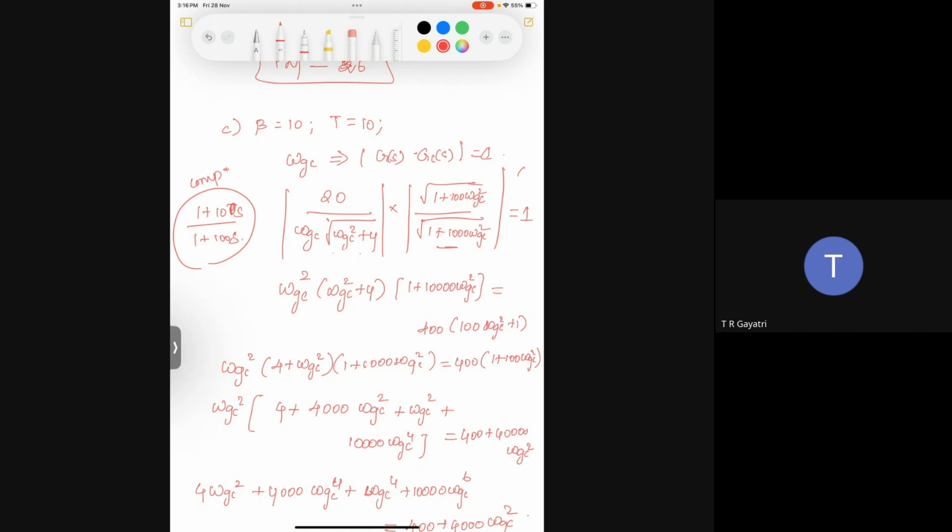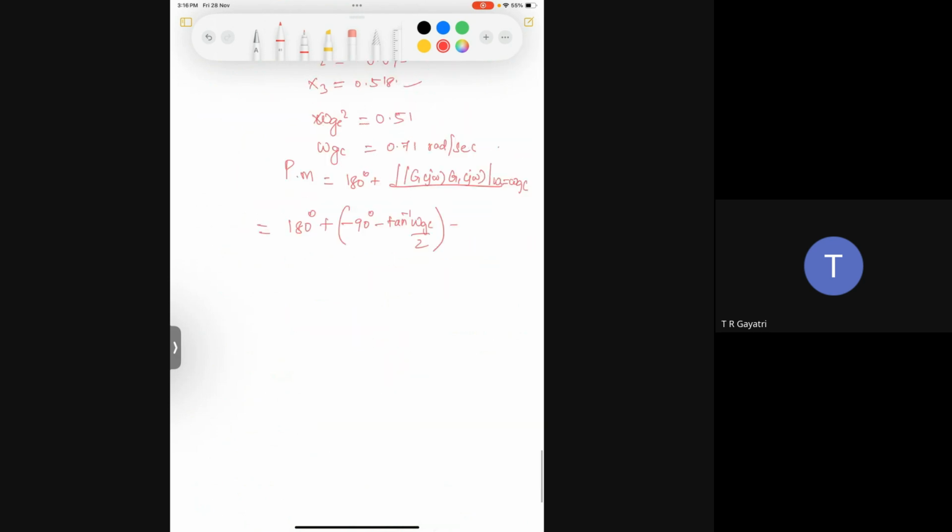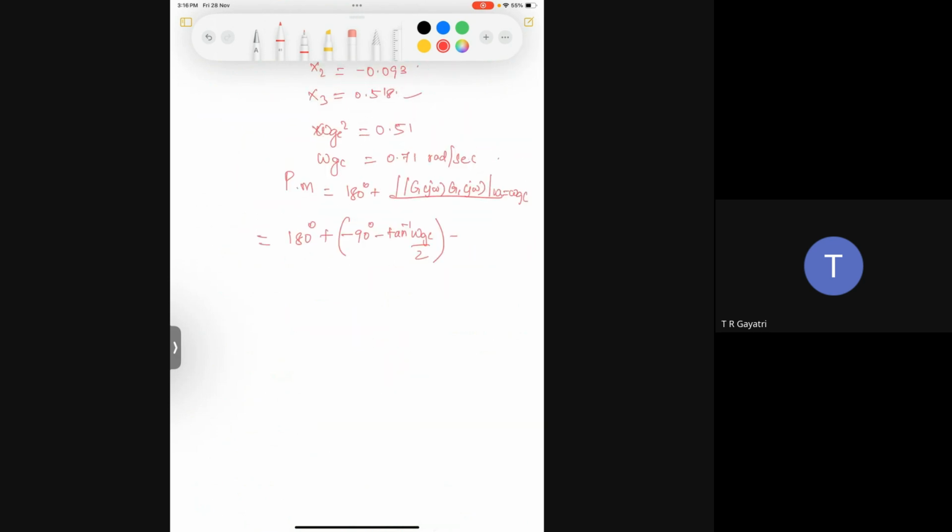So this will be tan inverse of 10 omega GC minus tan inverse of 100 omega GC.